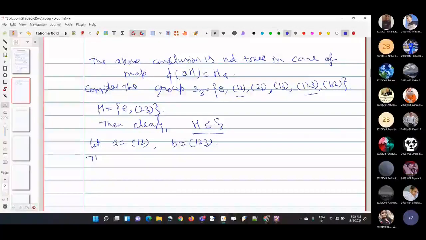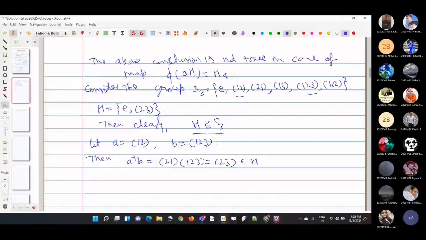Then just compute A inverse B. A inverse B is equal to A inverse, we can write (2 1), and B is (1 2 3). Once we multiply these two, take the product, we are getting (2 3), and this belongs to H. So A inverse B belongs to H here.